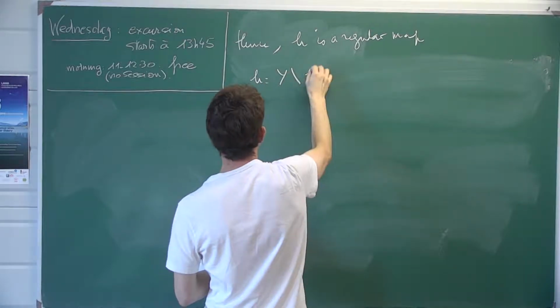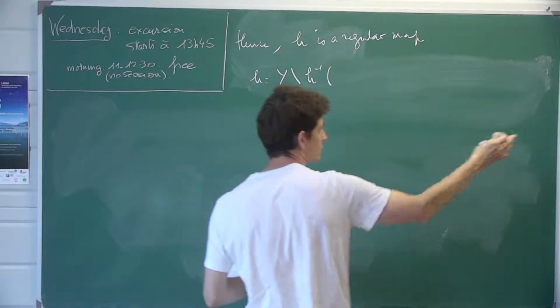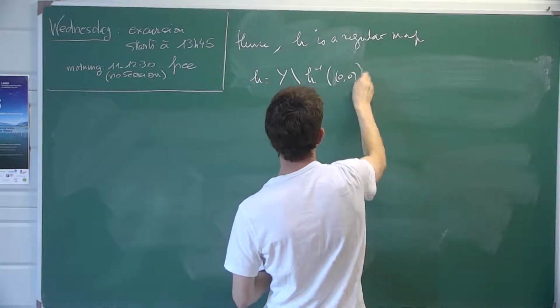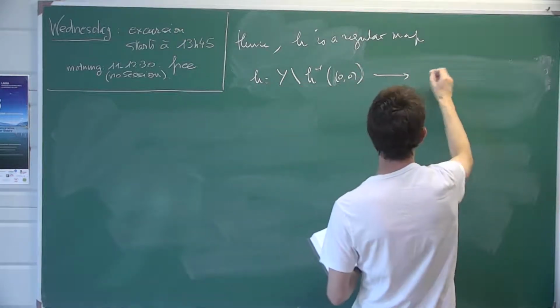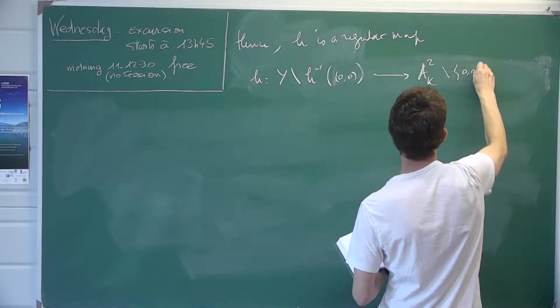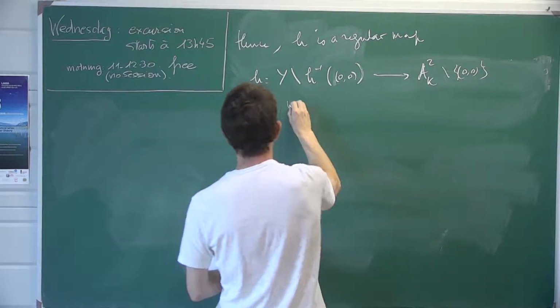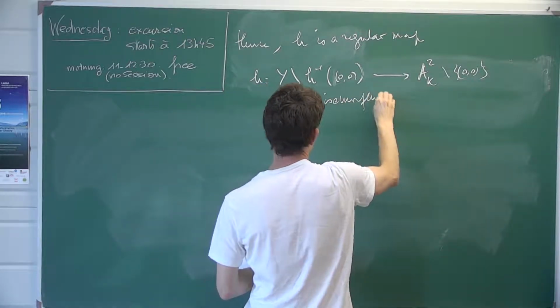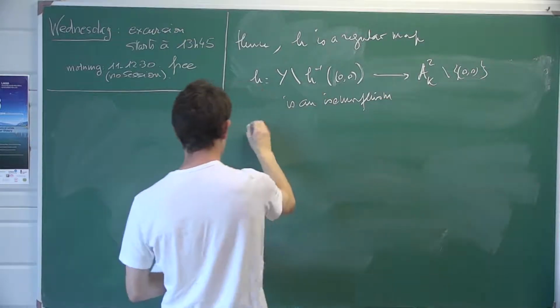And H from Y minus the inverse image of (0, 0) to the plane minus (0, 0) is an isomorphism. So that means that this map H is birational.